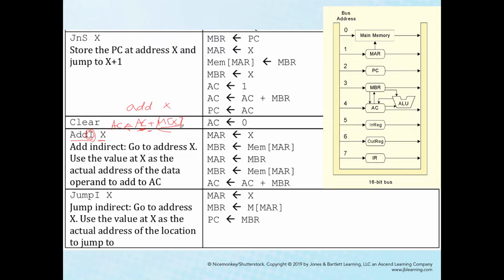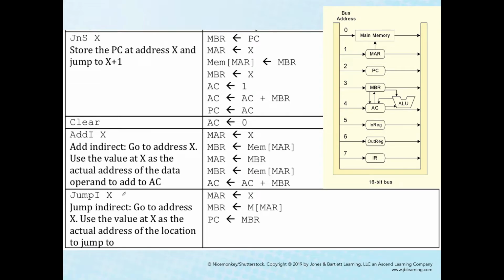So what you have is the address of the data at X, something like this notation. As you go to address X, that's the address of the data you read from main memory. So that's add indirect. Here X is indirectly specifying the location, not directly, because as you go to X, you will find the address there.